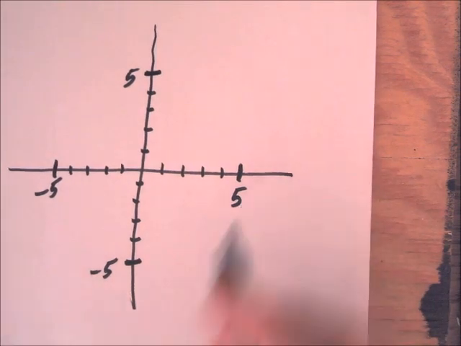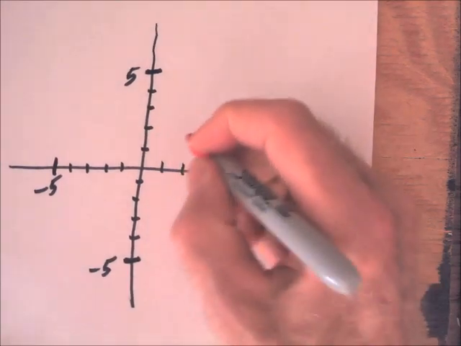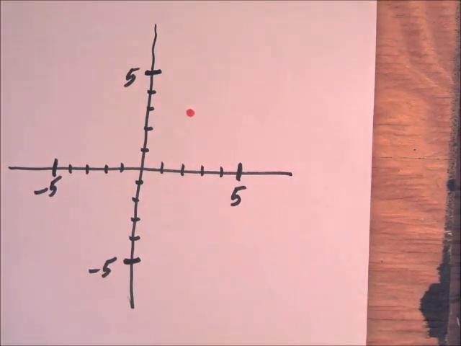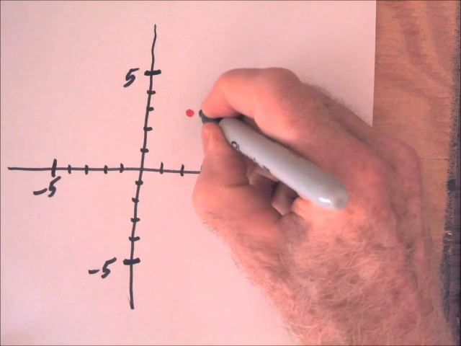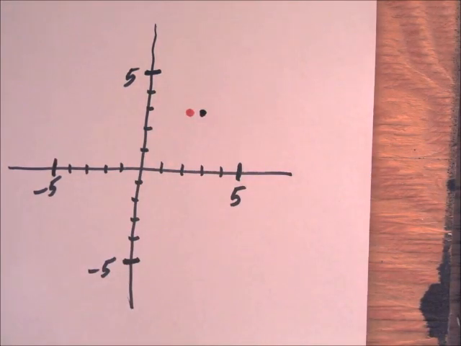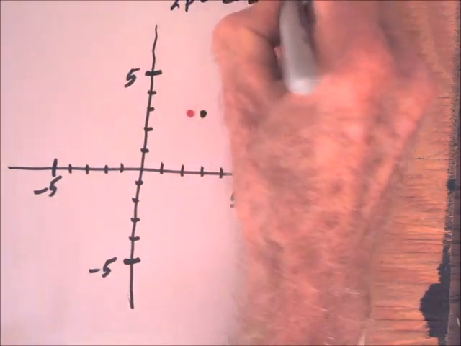So the vertex is at 2, 3, 2 to the right, up 3, and the focus is 2.5 to the right, up 3, and we can get 2 additional points on the parabola if we go 2 times p. 2 times p would be 2 times 1/2 equals 1.